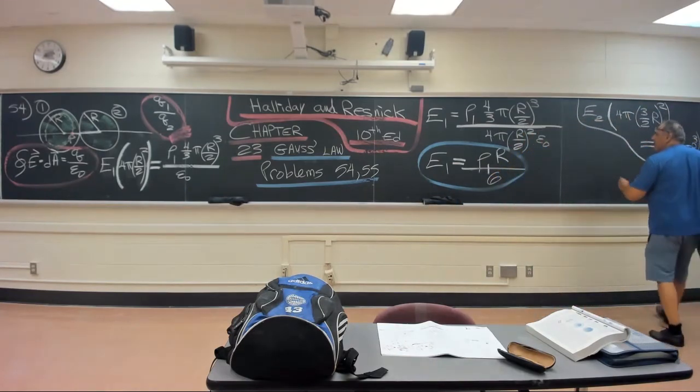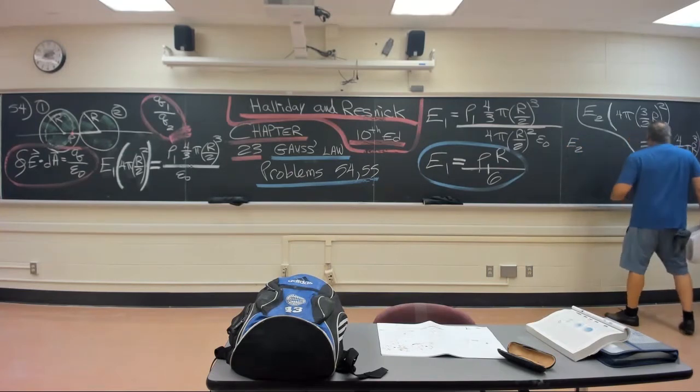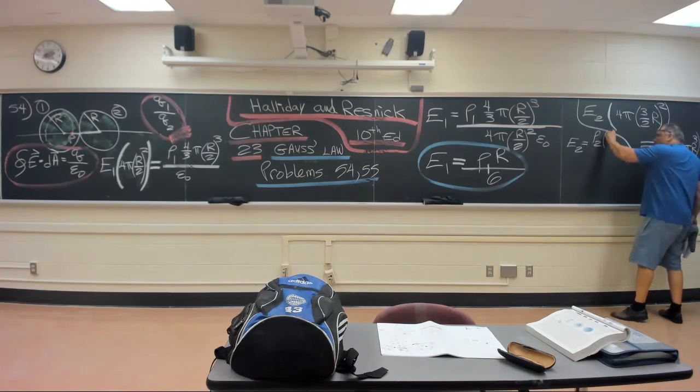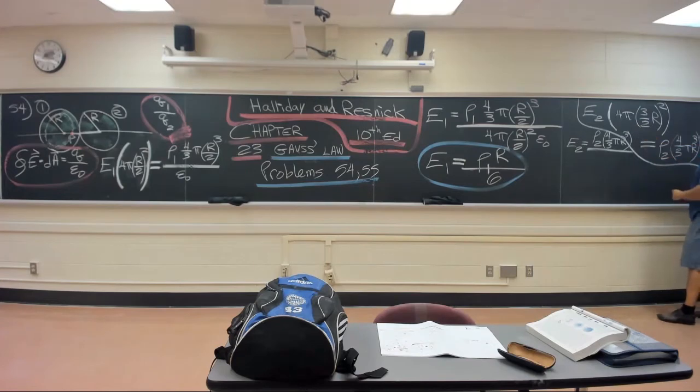We got E sub 2 is, here we go, rho 2 times 4/3 pi big R cubed over all this.